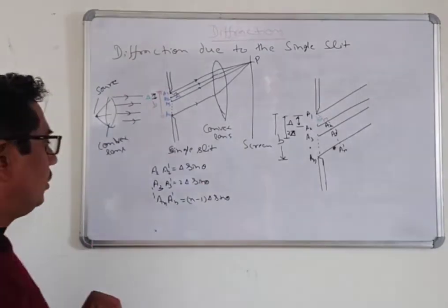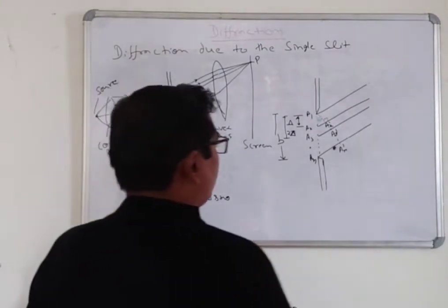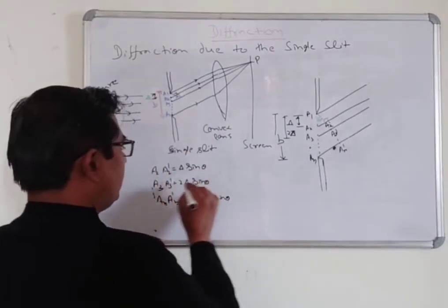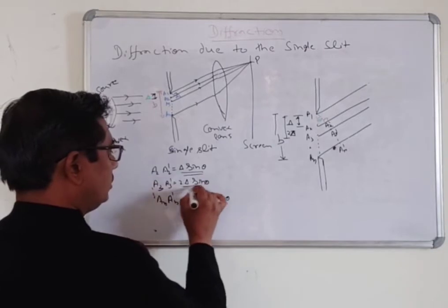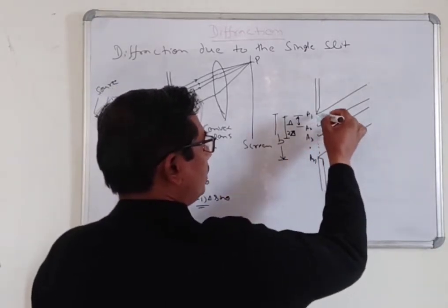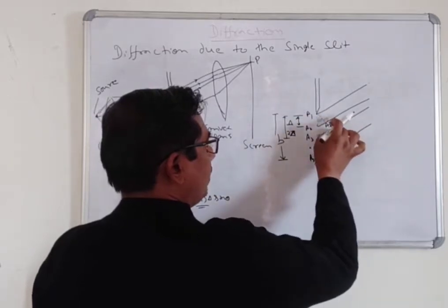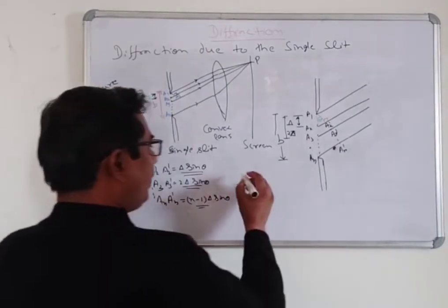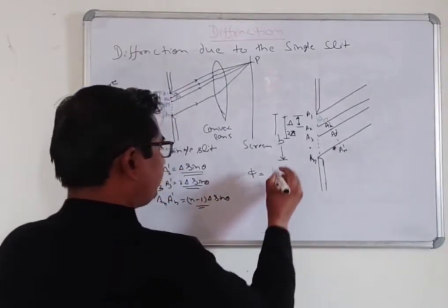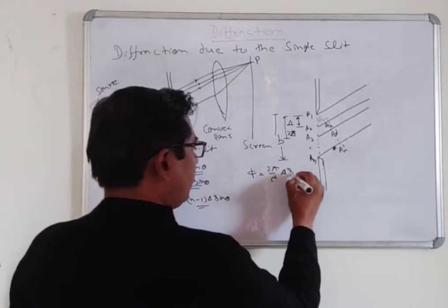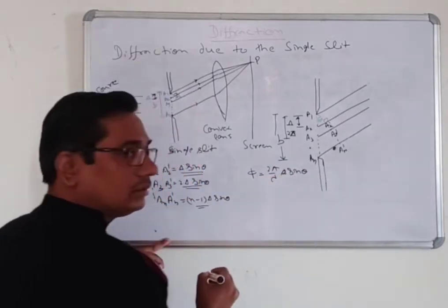And also you can see the path difference from this wave to this wave, from this wave to this wave. What is the phase? The phase is equal to 2 pi by lambda delta sine theta.